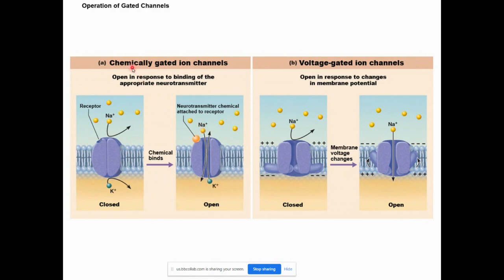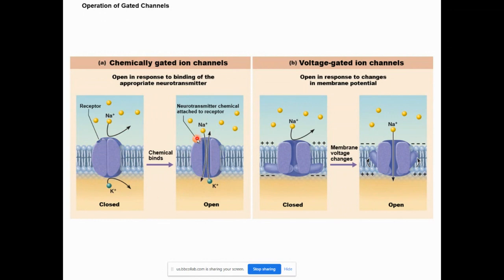So this is just saying if a channel is chemically gated, like these here, there's a receptor. This protein is a receptor, meaning it receives something. So now a chemical has bound to that receptor, which causes the tunnel to open. So the gate opens in response to a chemical, right?